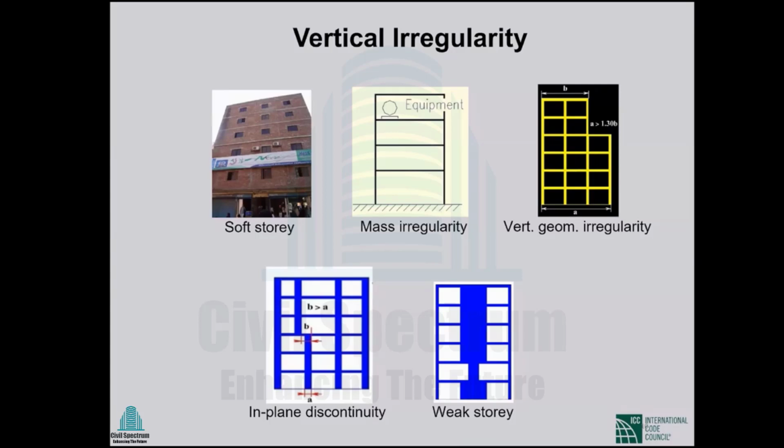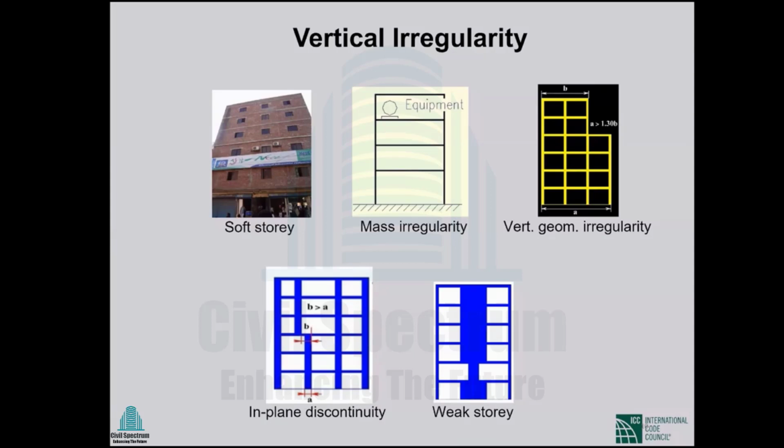Now, there are actually 2 types, soft story and extreme soft story. And not only the adjacent floor, maybe adjacent 2 floors. We compare the story stiffness with the adjacent floor and adjacent 2 stories. So please read the code to know the exact definition.